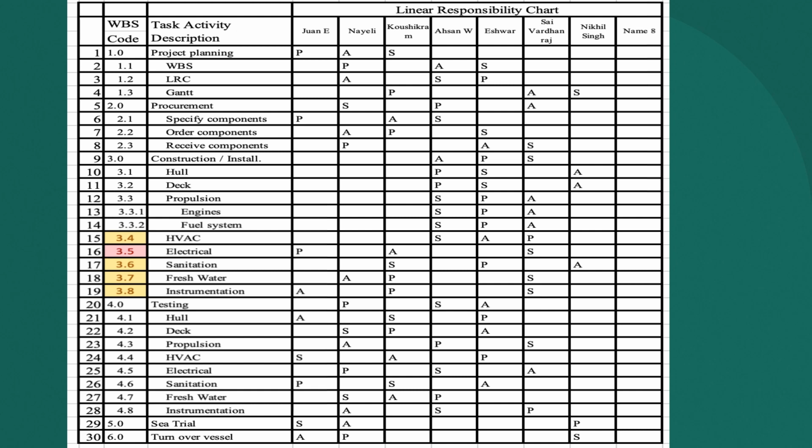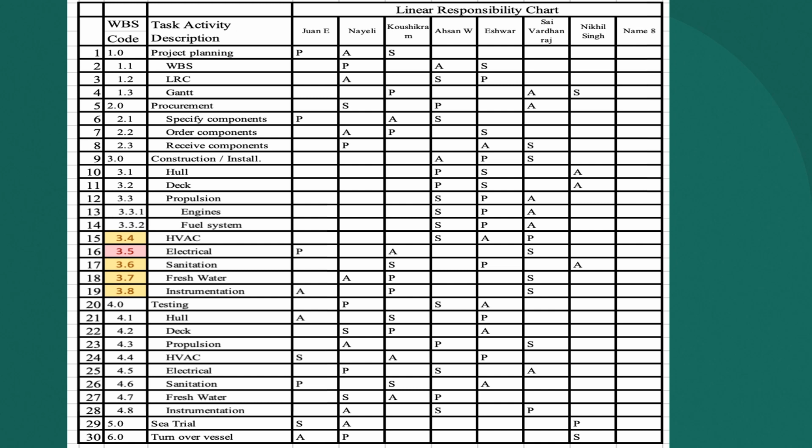Procurement, primary responsibility is Ahsan, secondary responsibility Naili, and approval is given by Sai Vardhan Raj. Procurement's subtask is special components: primary responsibility Juan, secondary Hassan, and approval is given by Kaushik Ram.